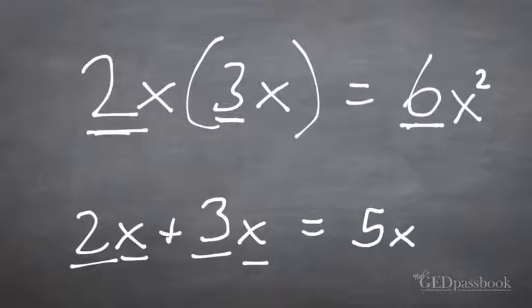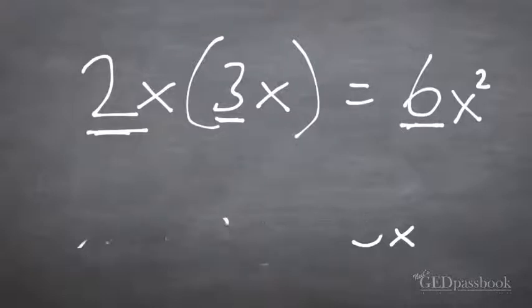In multiplying world, which is this one right here, we do not follow that same rule. The rule tells us, yes, multiply the numbers. The thing it also tells us is multiply your variables. x times x creates x squared.